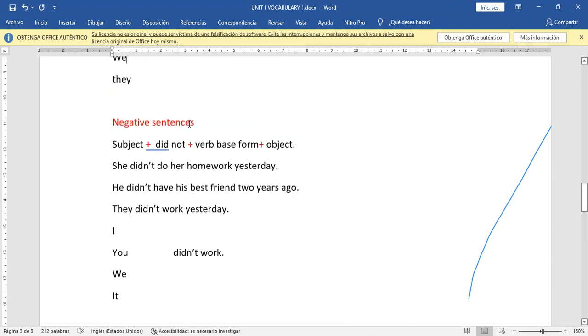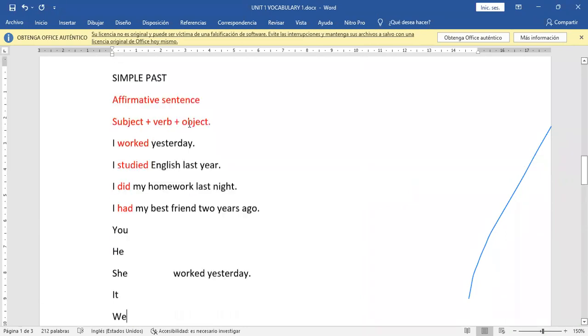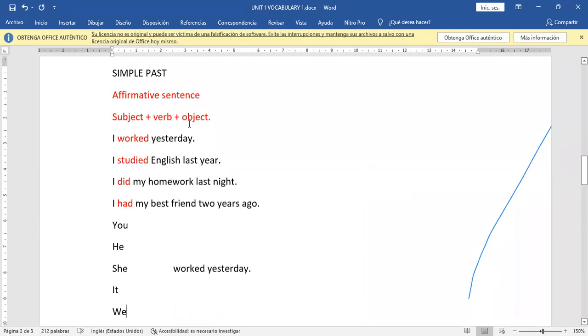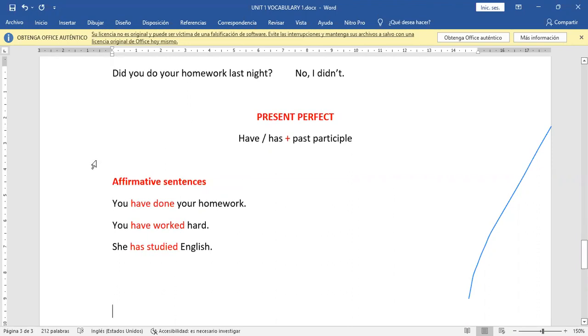And different from simple past. Simple past: I worked. She worked. She studied. I did. But in the present perfect, you need an auxiliary.